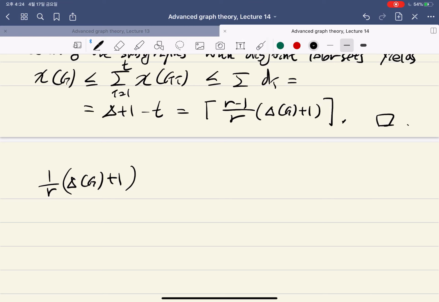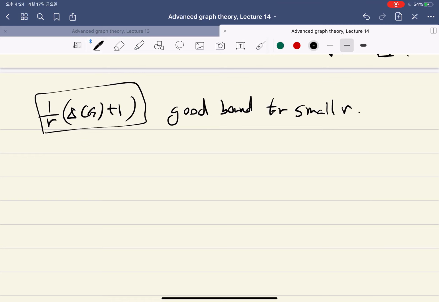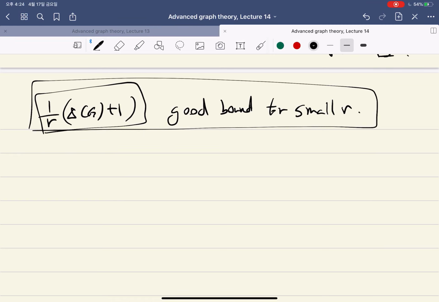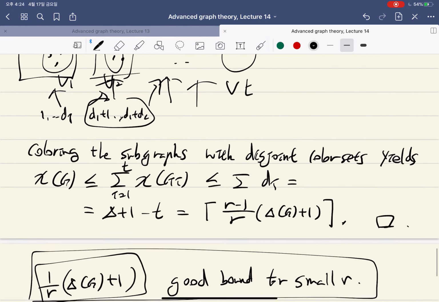So this is a huge gain if R is small. But for large R, this is not so big a gain. So it's natural to ask what bound can we get for large R?